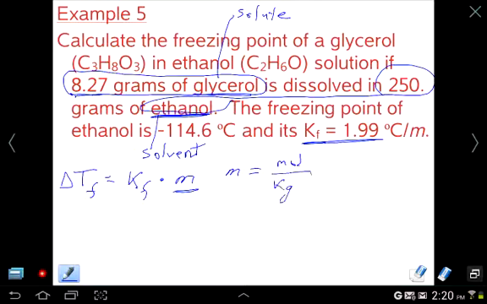In our case, our moles will be moles of glycerol, that is our solute, and our kilograms will be kilograms of ethanol, that is our solvent. We can do that calculation on the next page, seeing that we have a little space there.